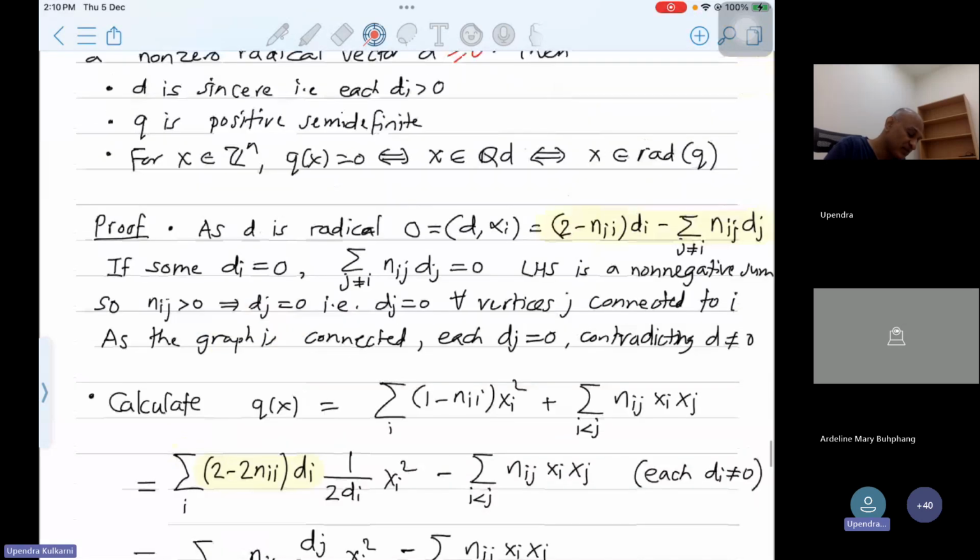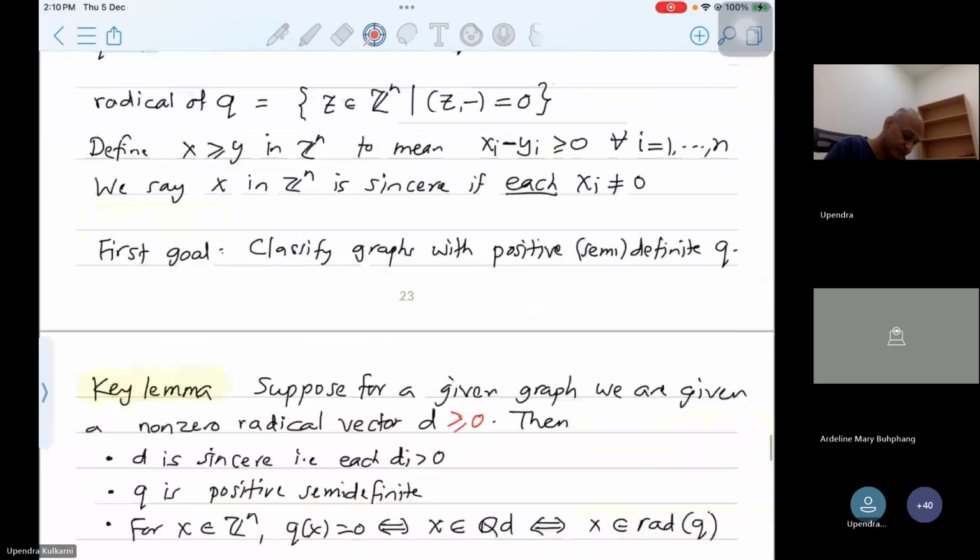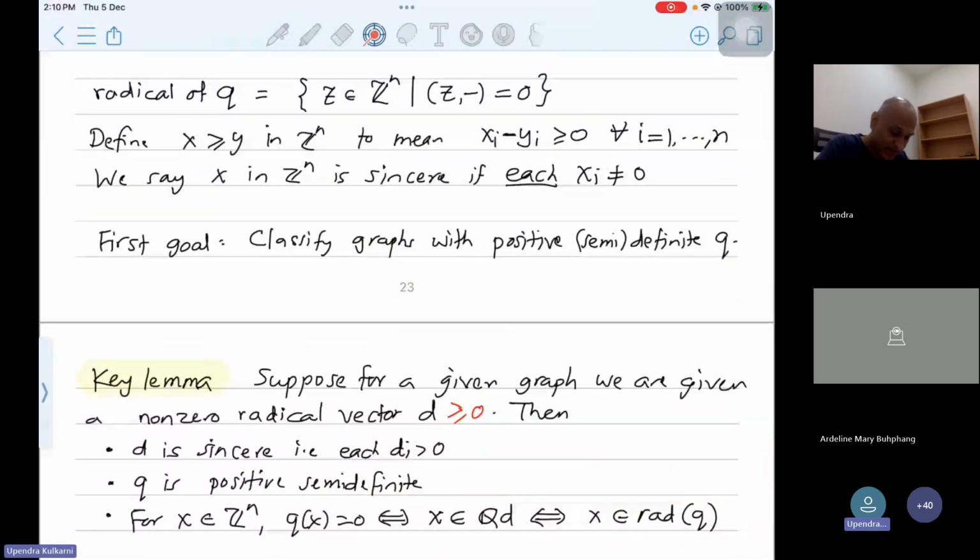Okay. All right. So how are we going to prove this theorem? We are going to prove this theorem by means of this key lemma. So I had written this lemma yesterday, and it is exactly the same thing, just with slight additions. See the assumptions. I'm given a graph, and I'm assuming that there is a very special vector d given. With what properties? The vector is non-zero, and it is a radical vector. That means that this vector d is assumed to be perpendicular to everything, including itself.